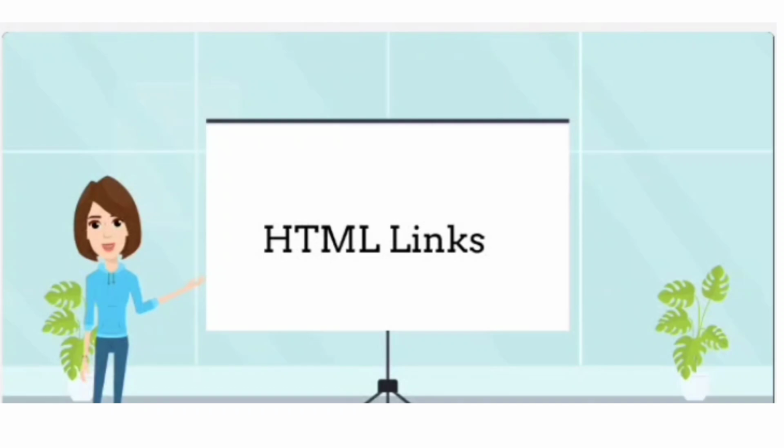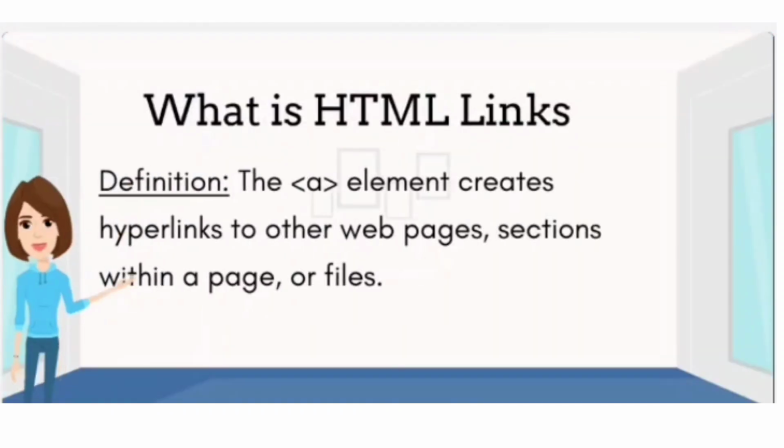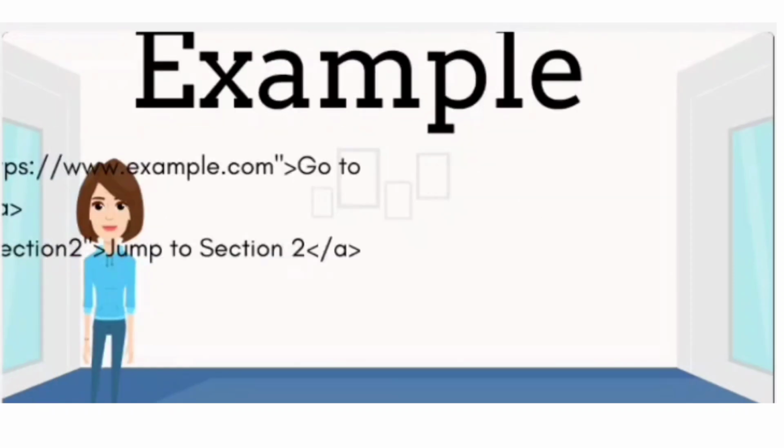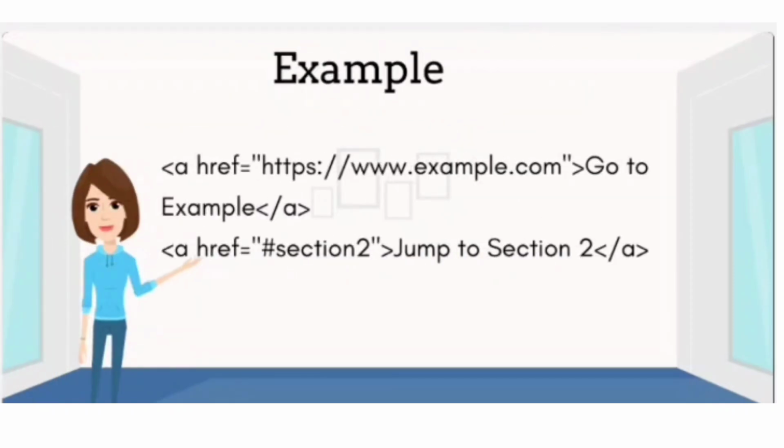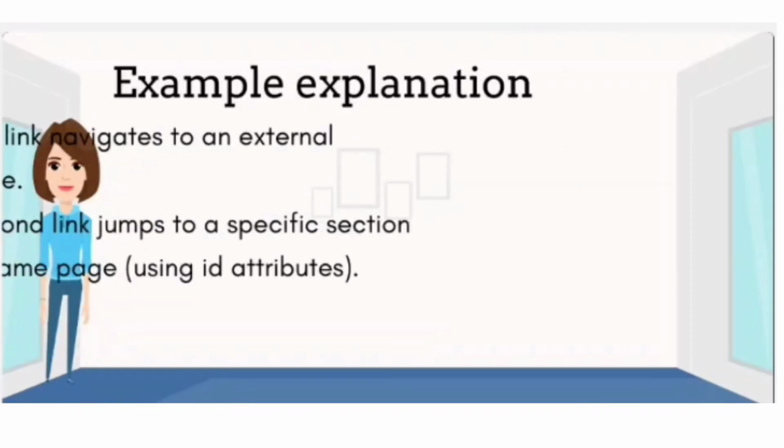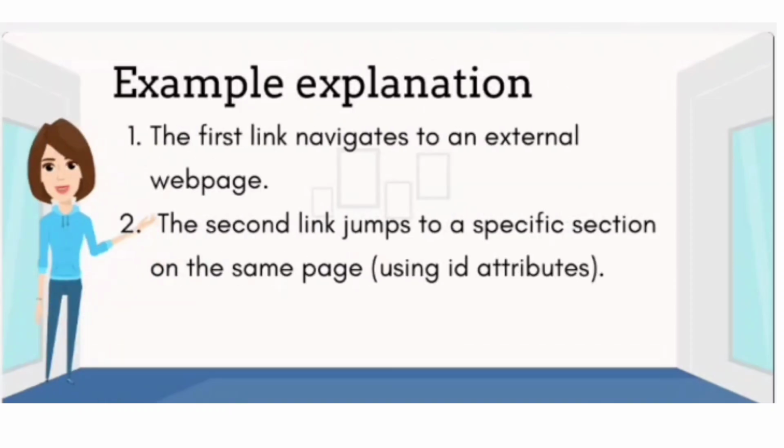The next topic is HTML links. What is HTML links? The a element creates hyperlinks to other web pages, sections within a page, or files. Here is the example. Let's find the example explanation clearly.